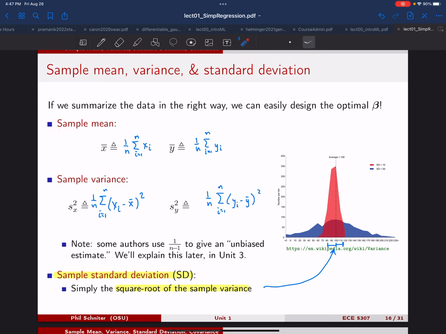Let me just give you an example with a coin flip. Maybe I have a coin and I flip it n times. And maybe I have a perfectly fair coin so that every time I flip it, on average, I should get 50% heads, 50% tails. So if I flip it n times, then the mean of the number of heads I get should be n over 2. That's the true population or statistical mean.